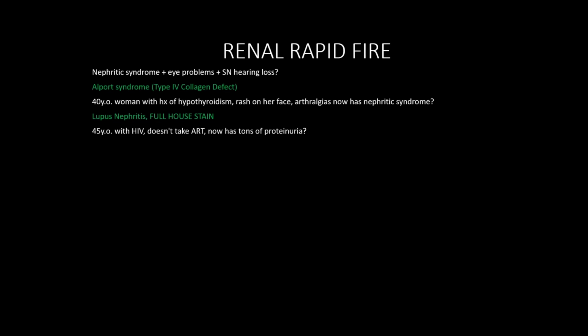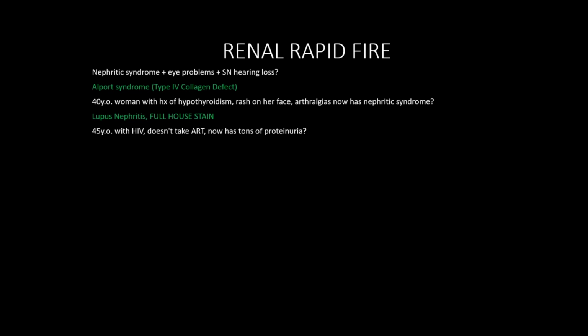How about a 45-year-old with HIV who doesn't take their ART, their antiretroviral therapy, and now they're exhibiting tons of proteinuria and features of anasarca. What are you thinking here, Mike? This is HIV nephropathy. Yeah, exactly. Specifically, it's a variant of FSGS. Do you remember the specific subtype of FSGS associated with HIV?